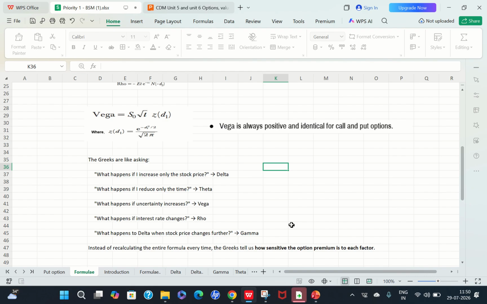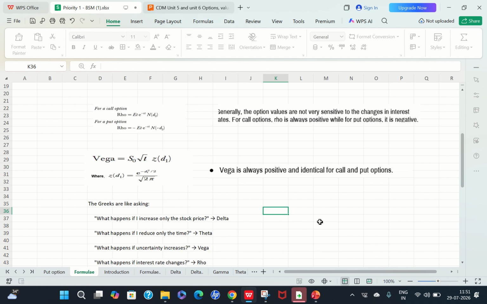Delta and gamma are completely interdependent, and gamma is a tool which determines the change of delta. Instead of recalculating the entire formula every time, the Greeks tell how sensitive the option premium is to each factor.